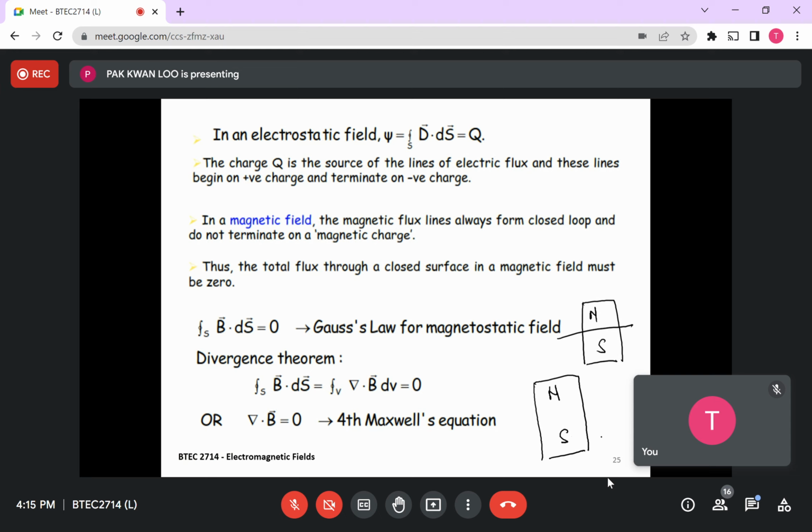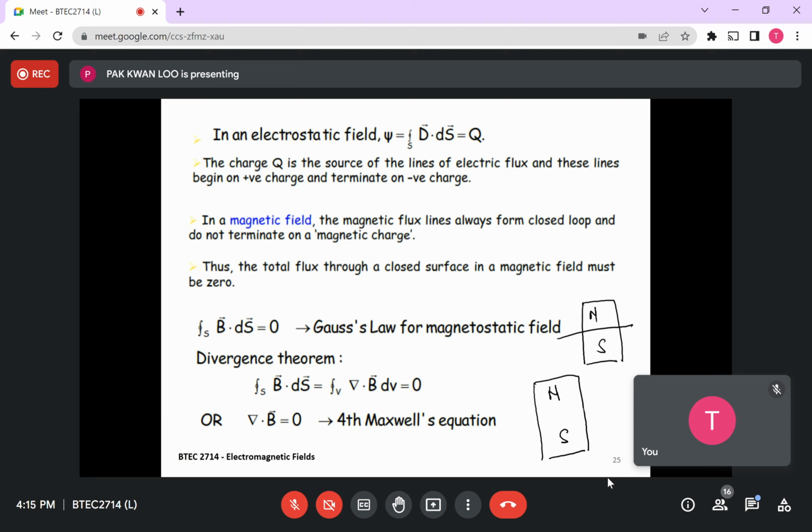If you do not believe it, buy one bar magnet and try to break it into half, and one half will become a north pole and one a south pole. You can try that on your own.